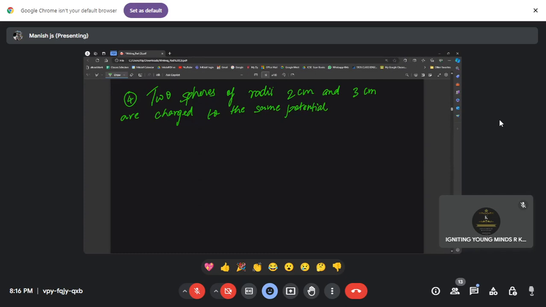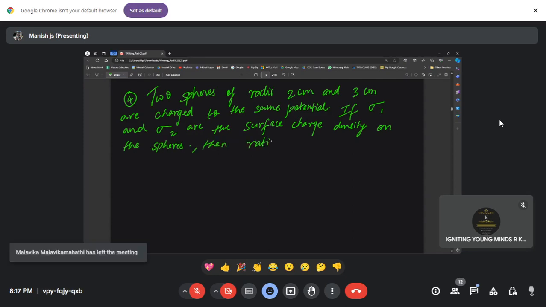If sigma 1 and sigma 2 are the surface charge density on the conductors, that is on the spheres, then the ratio of sigma 1 upon sigma 2 will be.